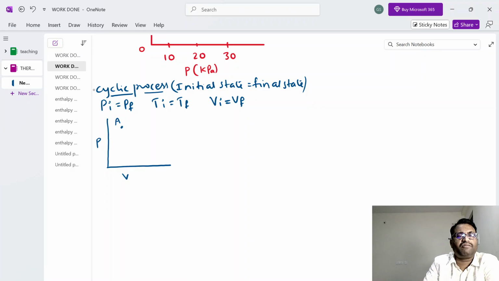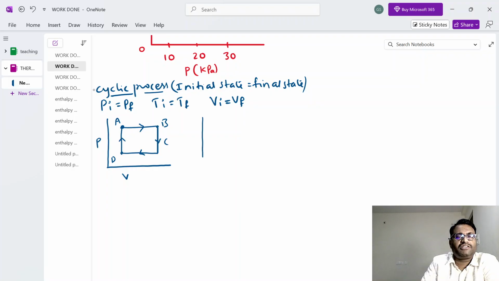It has converted to state B, and from B it has converted to another state C. C to D, again from D to A. So A is the initial and A is the final state. In a cyclic process, the initial state is equal to the final state. Then when you draw a graph between P and V, we get a loop like this.